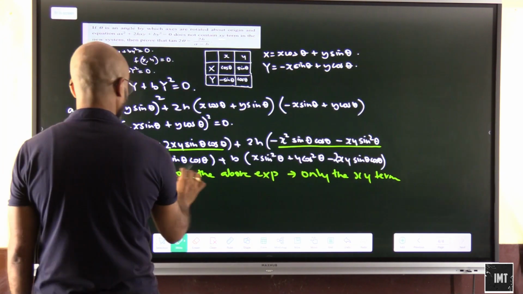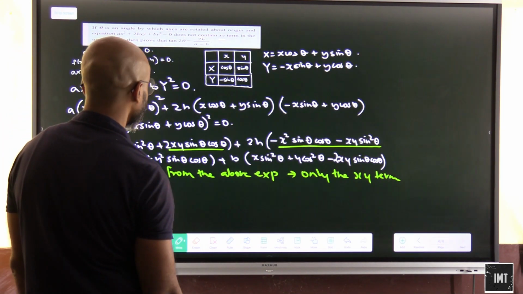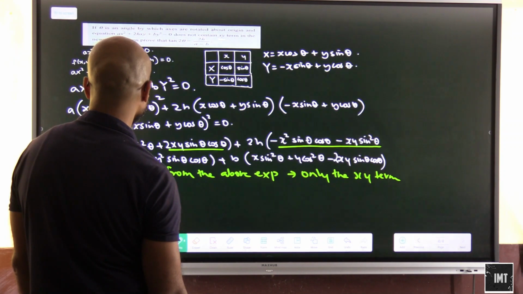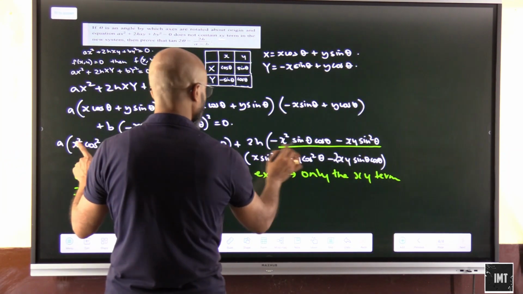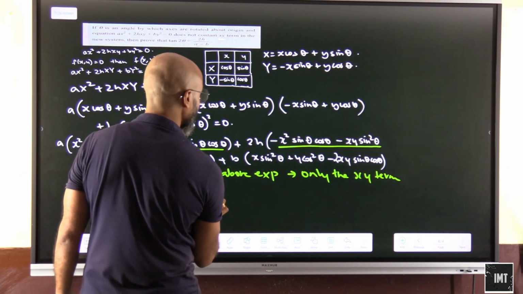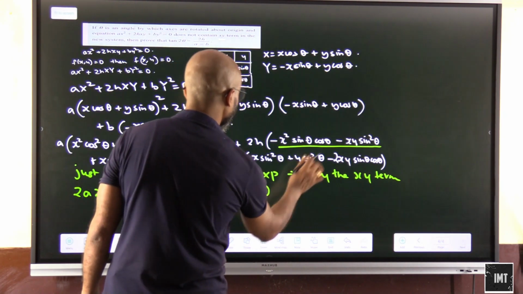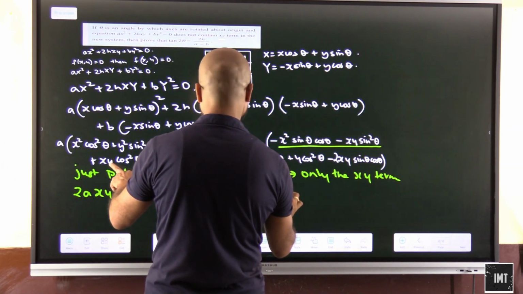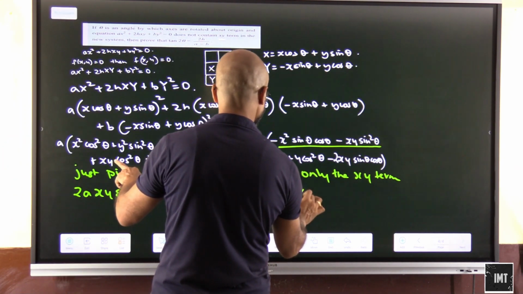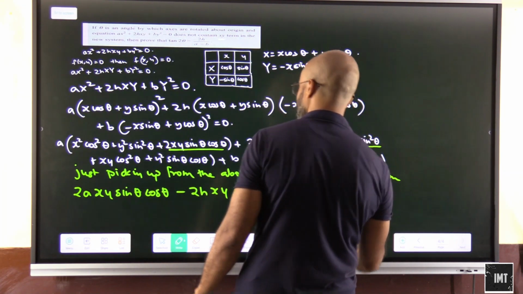Here we have, for h, minus 2h xy sin square theta plus 2h xy cos square theta.